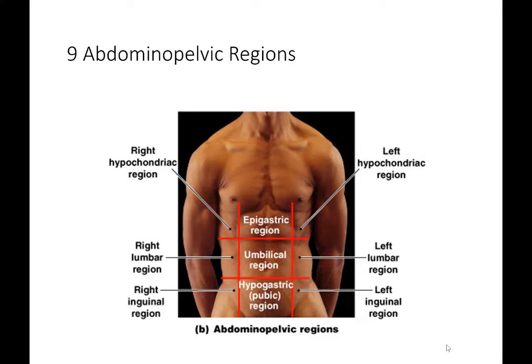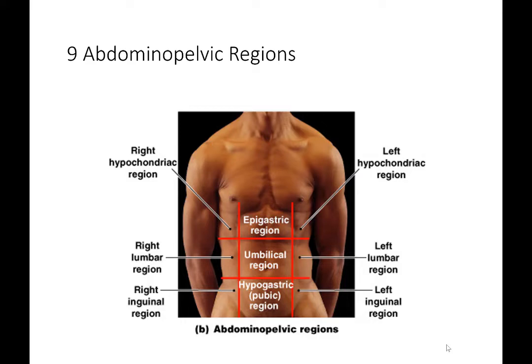There are 9 specific regions. The upper middle is known as the epigastric, meaning above the stomach. You have the umbilical region, which is going to be the center. And the lowest central portion is the hypogastric, meaning below the stomach, or pubic region. The middle portion on either side, about where your waist is, are going to be your right lumbar and your left lumbar.